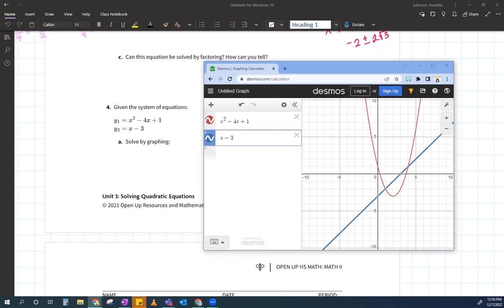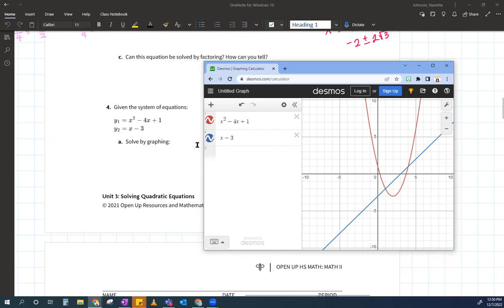What do you think is the most important part? You want to take a guess? Not the x-intercepts, just where the two, very good guess though. Yes, very good. Where they intersect or where they touch.